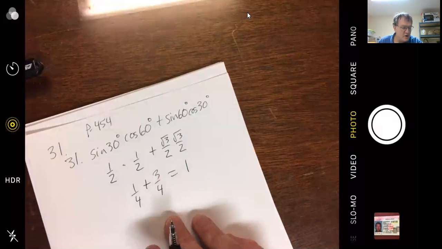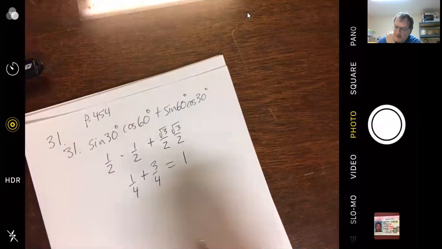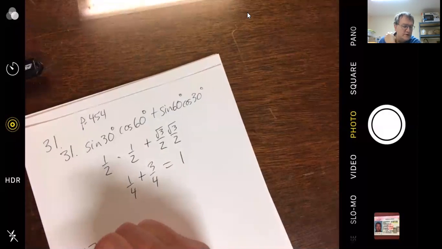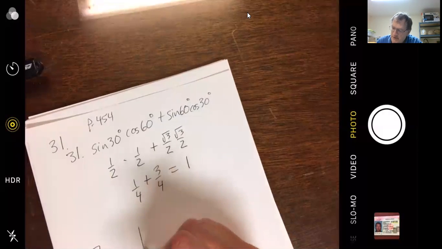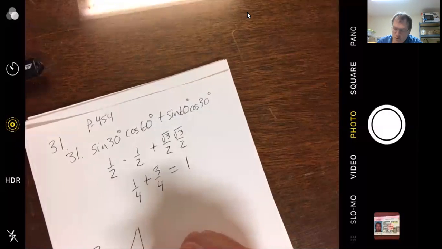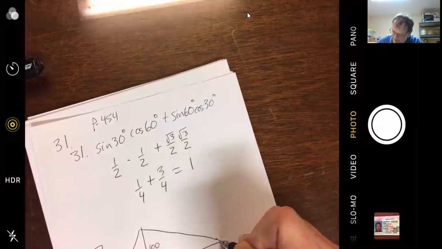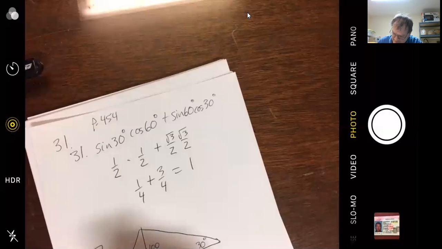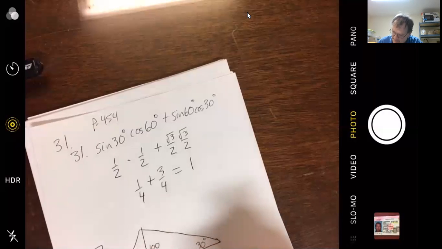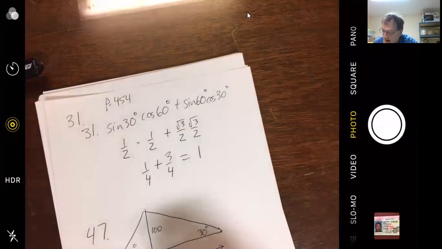Section 5.2 is about solving right triangles. Why don't we try something more complicated, like number 47? So you've got a vertical there. This side's a little shorter, 60 degrees, 100 on the vertical, 30 degrees over here. And we're supposed to find x, this entire length.